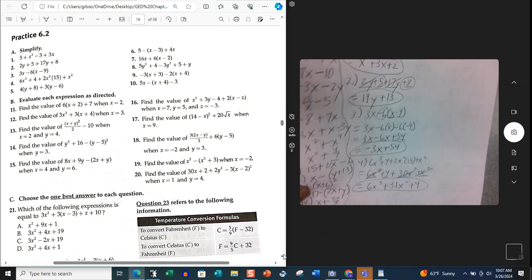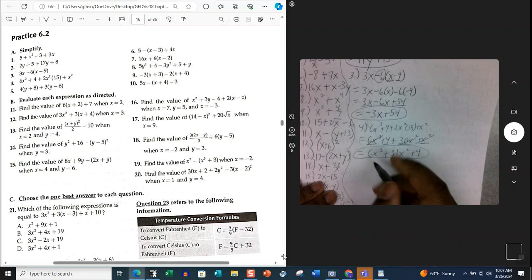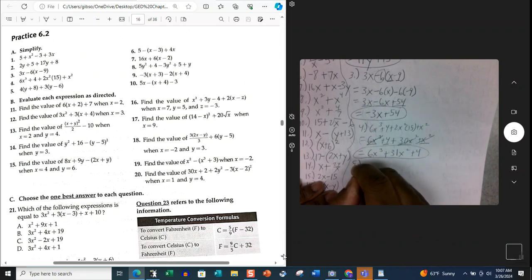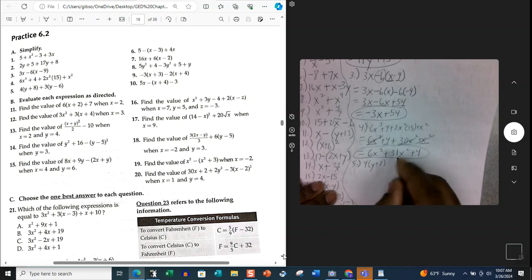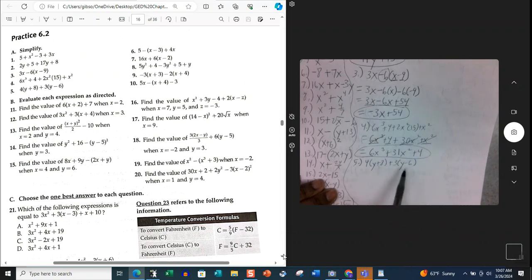Okay, now we go to problem number 5. We have 4 times (y plus 8) plus 3 times (y minus 6). Now, if you notice here, we're going to have to do the distributive property twice. So we will have 4 times y, and since this is a positive 4, we'll put plus 4 times 8.